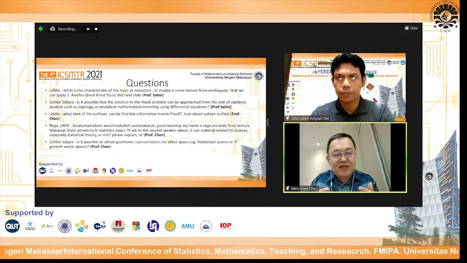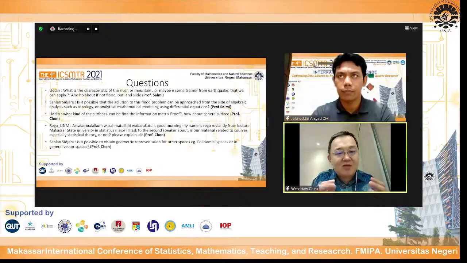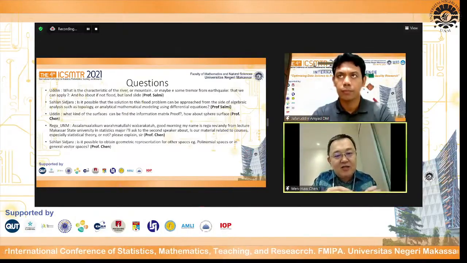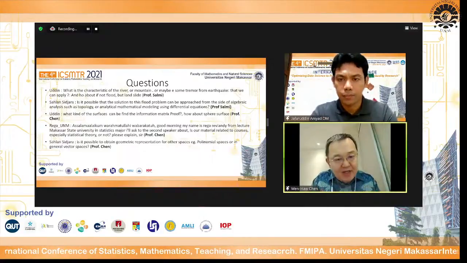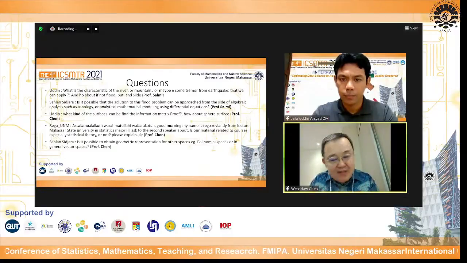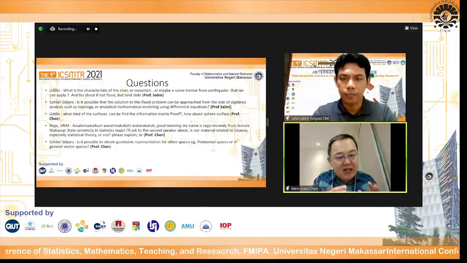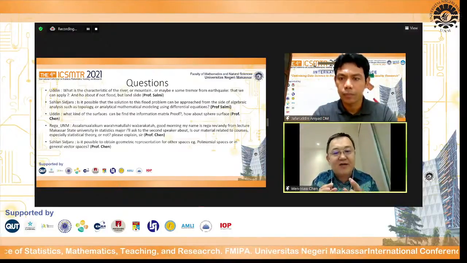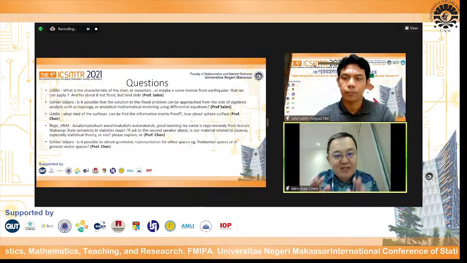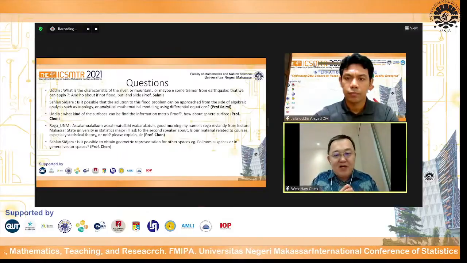In my talk, I presented, for example, the general linear space. It means all the matrices with non-zero determinant, the set of all invertible matrices. It can be viewed as a geometric space.